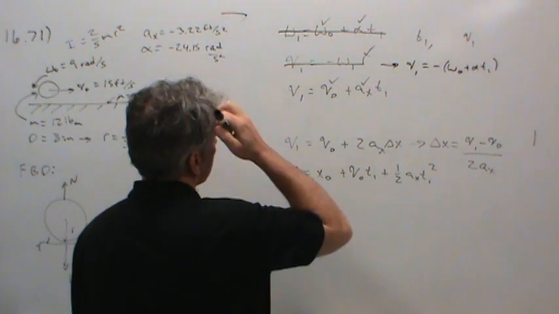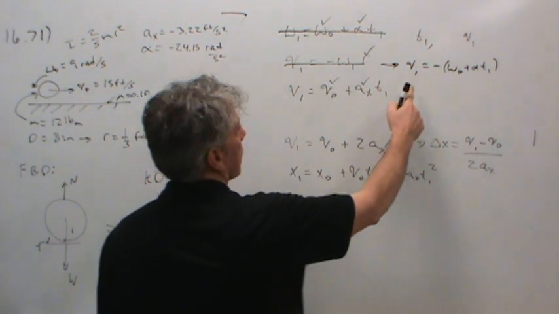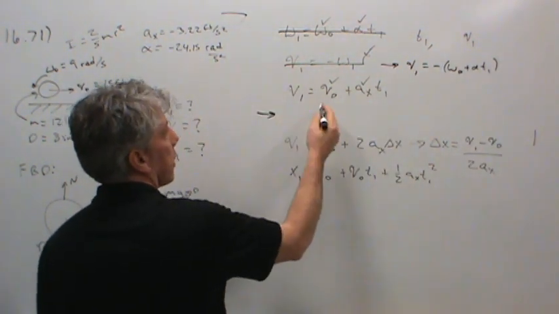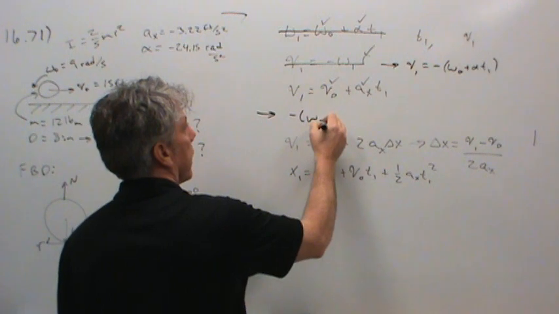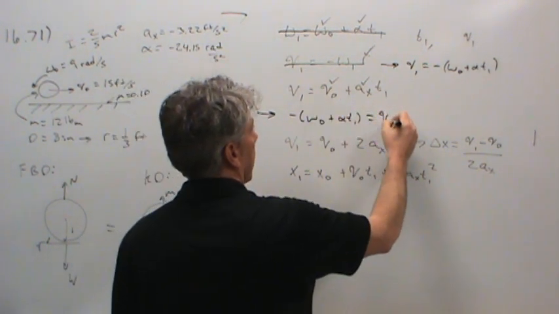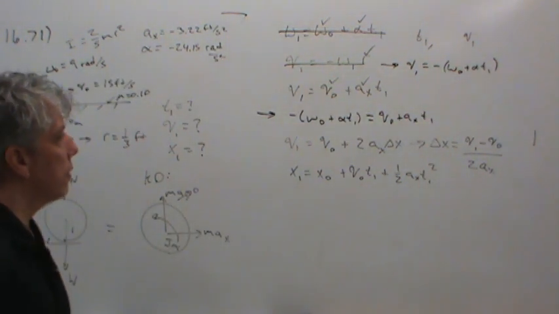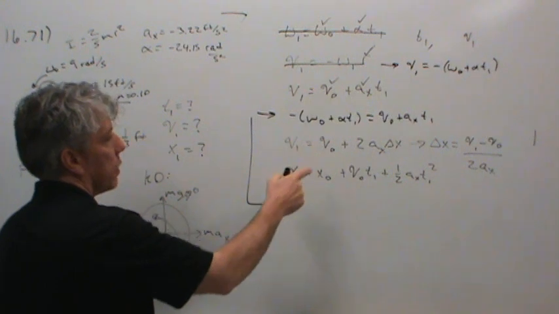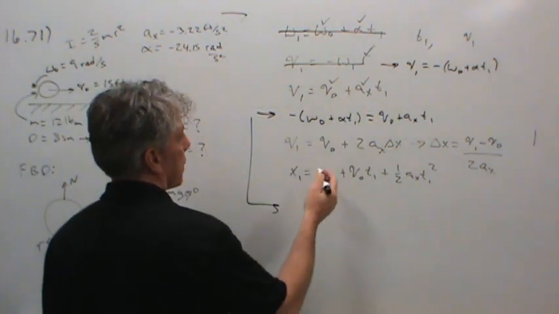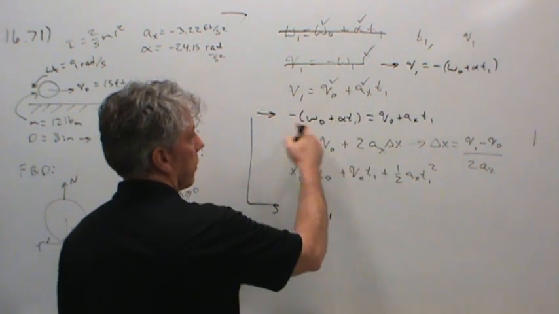Let's see, I guess I'll go for the time first. So if this is V1 equals this and V1 also equals this, then putting those two together, we'd have negative omega naught plus alpha T1 is equal to V naught plus AX T1. So if we put all the, we can come down here because I want to avoid these equations, I don't want to rewrite them. So if we move all the T1 terms to one side, we have negative alpha T1 from this term.